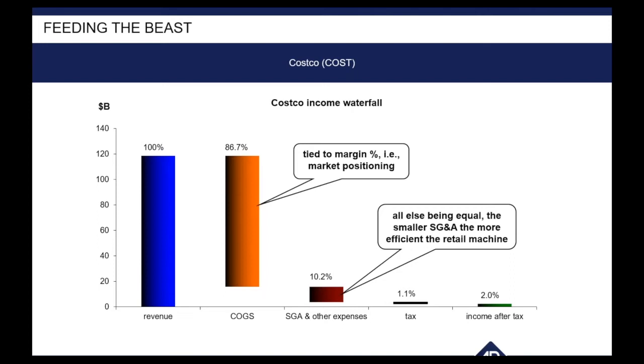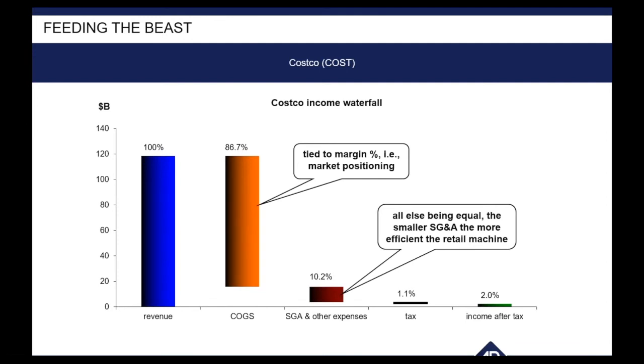So basically, we would like this to be small so that it takes out a smaller chunk of the top line and leaves more for the bottom line. To some extent, we can interpret this SG&A as a measure of the efficiency of the retail machine for everything that does not involve retail, but basically just the overhead associated with running the business.